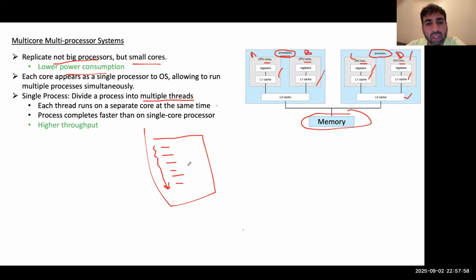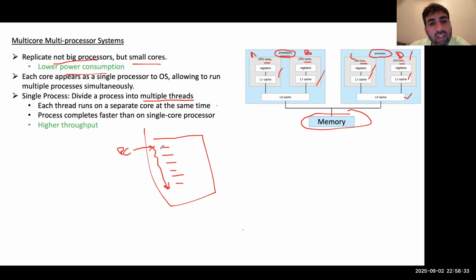When you divide a process into multiple threads, let's say 2 threads, okay, before going to that division, if I have a single threaded application, in the program counter, and I assume you know what a program counter is from your microcontroller course, the program counter points to the first executable instruction in the process.